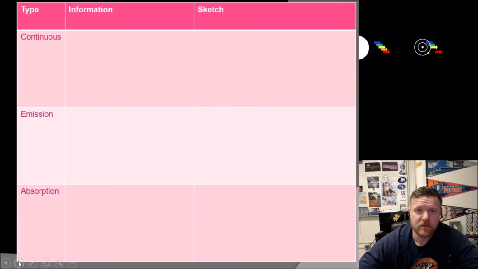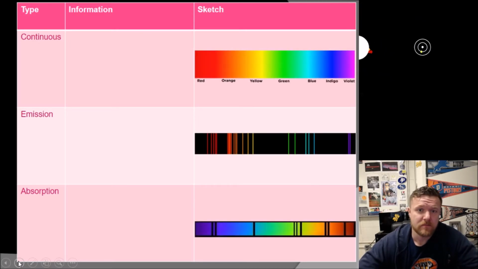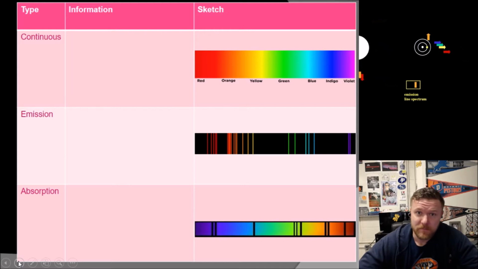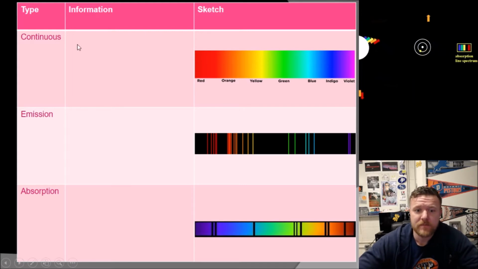I want you guys in your science journal to make this little chart. Once you have this chart made, I want you to do your best to draw a continuous spectrum, an emission spectrum, and an absorption spectrum. Continuous spectrums have all of the colors of the rainbow.